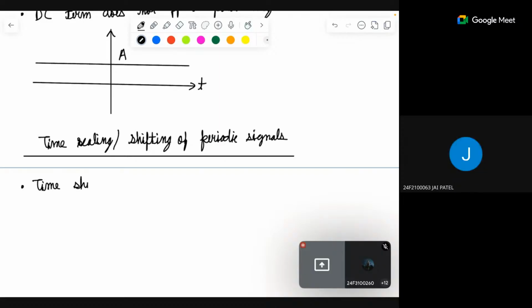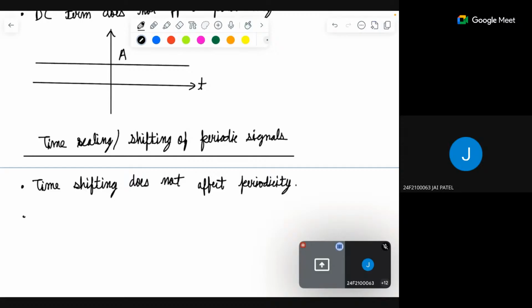No. So time shifting does not affect periodicity. What about time scaling? It will affect.